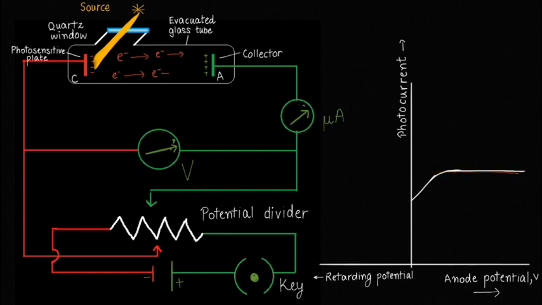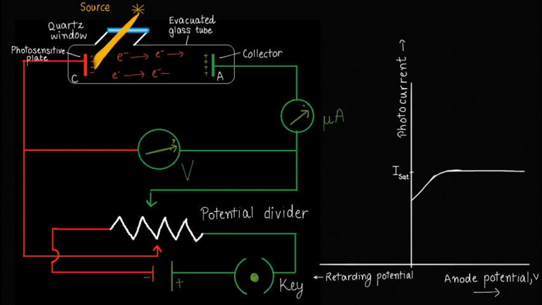That means no matter how much I increase my potential, the current will be the same, and this constant value of the current is known as your saturation current, denoted by I, with the suffix SAT for saturation, fine. So this is what happens if I increase the applied voltage.